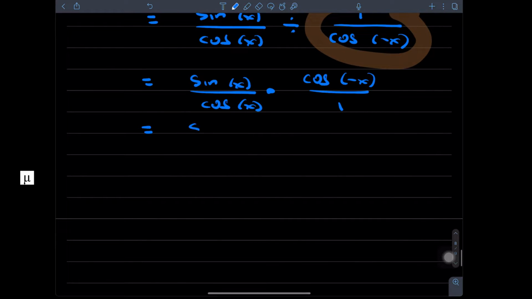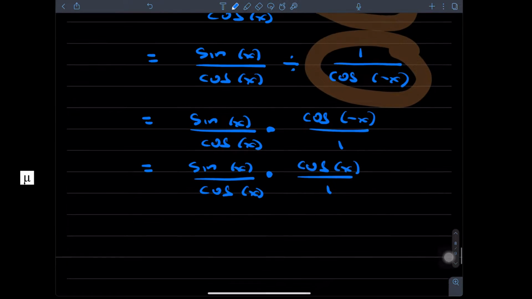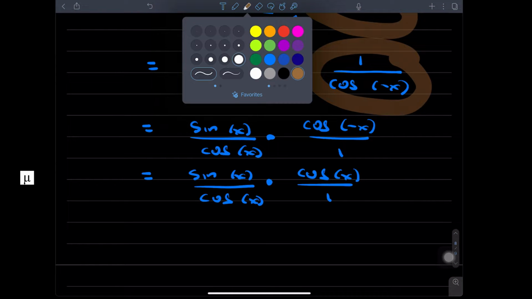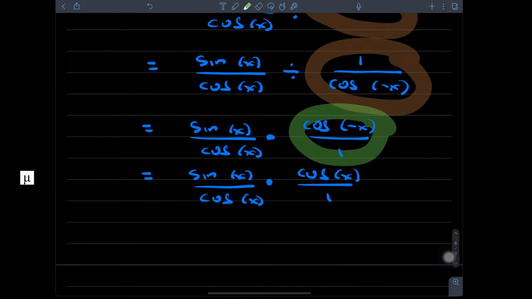And what do you guys know about cosine, by the way? It's even. What does that mean for cosine to be even? That means cosine minus x is the same as cosine x, and this is still times. So I want to express to you that this statement is the same as this statement.